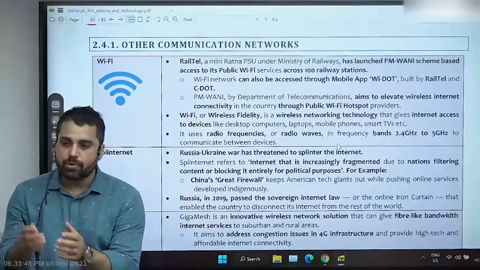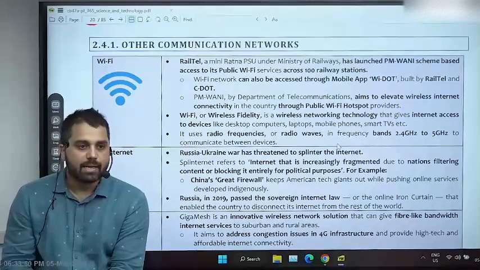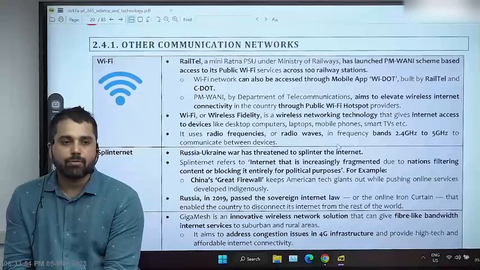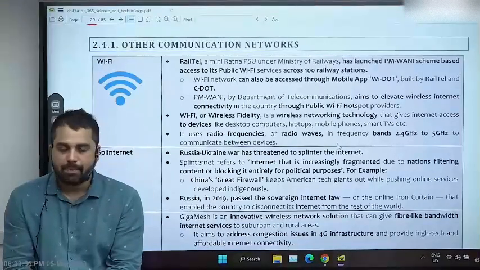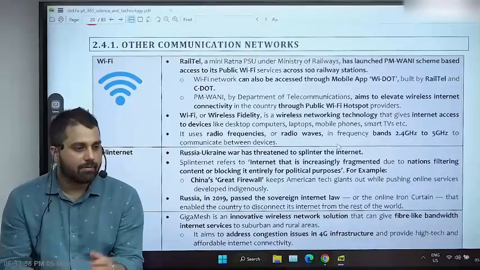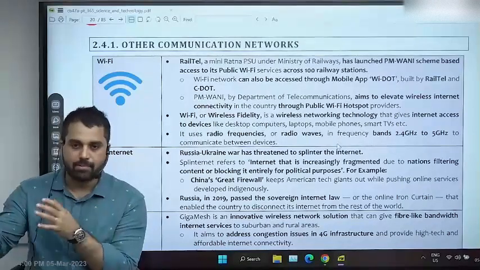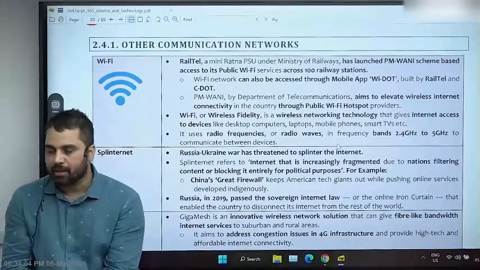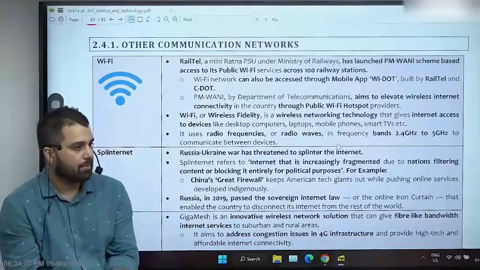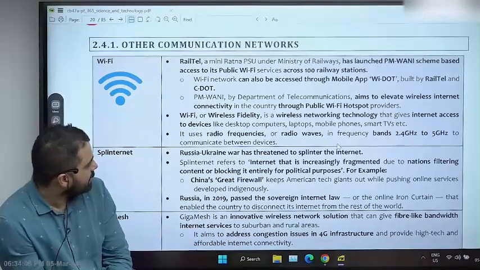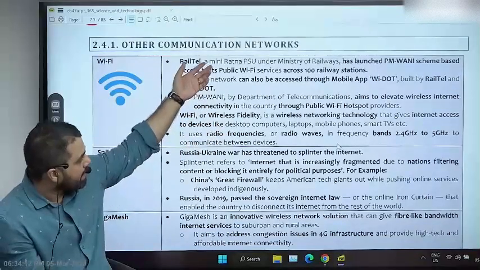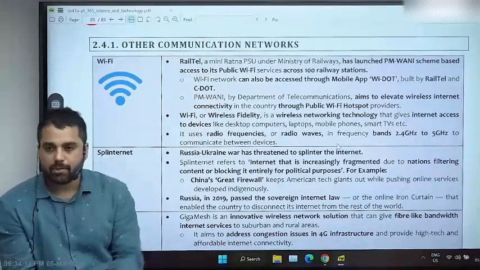That if you go to certain railway station, you can connect your device with Wi-Fi network, and you have to pay some minimal amount of fee, minimal money, and you can have very high speed internet for some time up to a certain limit, that some 500 MB or 1 GB you can access for few hours or for a day. So something like this, that is the plan of Government of India, and this plan is now being executed, and because of that this topic is in news.